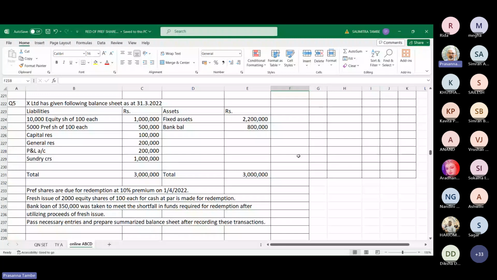Can you calculate the utilization of CRR, etc. in this? Will it be possible? Can you try that part? Okay, sir. Will you try?